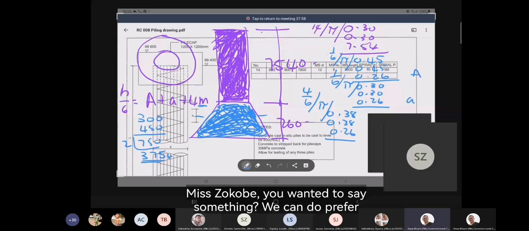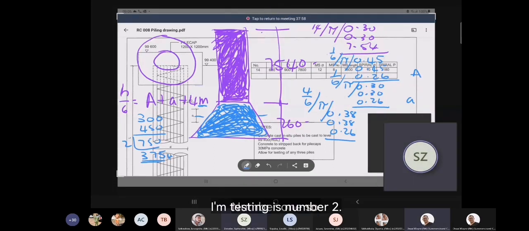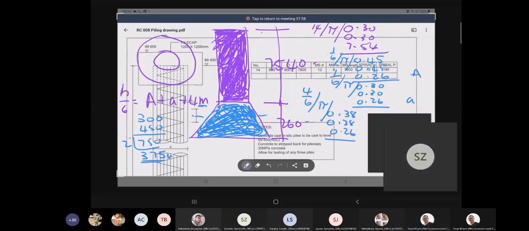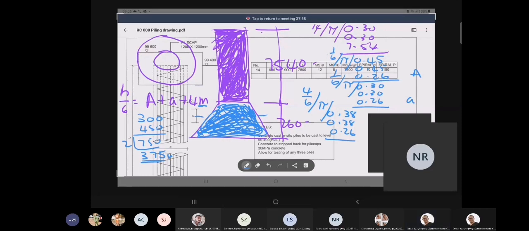Ms. Zokobe, you wanted to say something. Which one do you prefer, number 1 or number 2? Mr. Sizima? Number 1 for me, sir. Who said number 1? Ms. Zokobe. Mr. Kwakwa, you say?